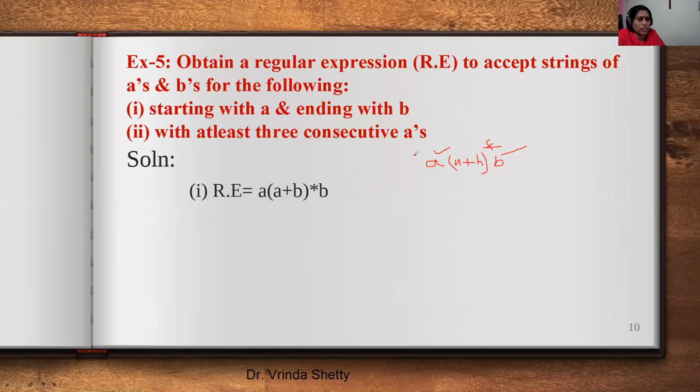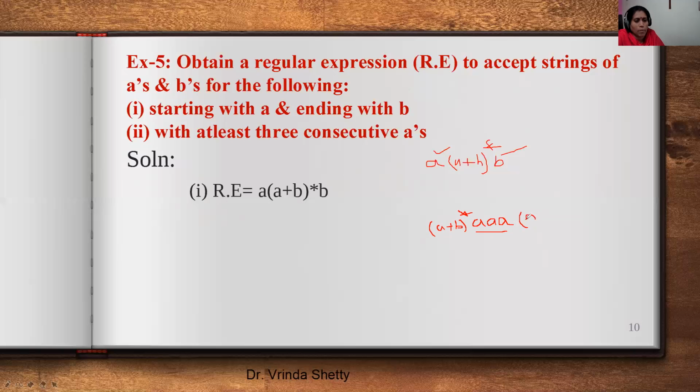It can be anywhere because it is not mentioned whether it should be at the beginning or at the end. So we take 3 a's: 1a, 2a, 3 a's. In the beginning, it can have any number of a's and b's, which we write as (a+b) whole star. Then it will check for the 3 consecutive a's.